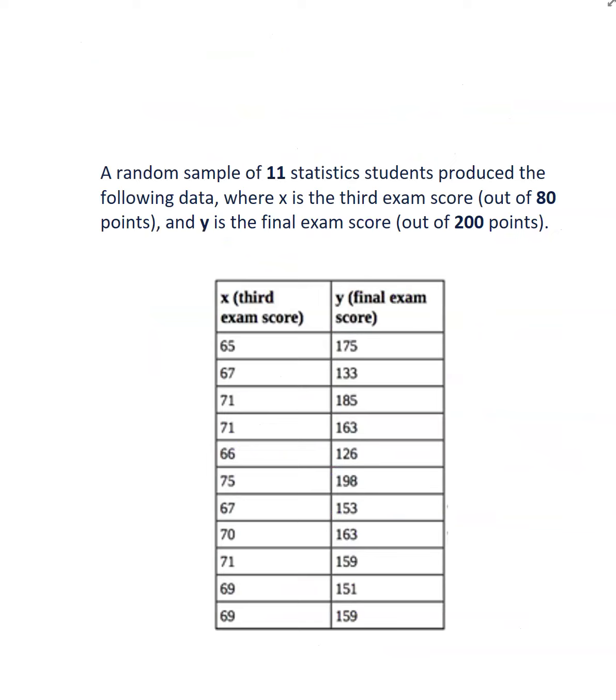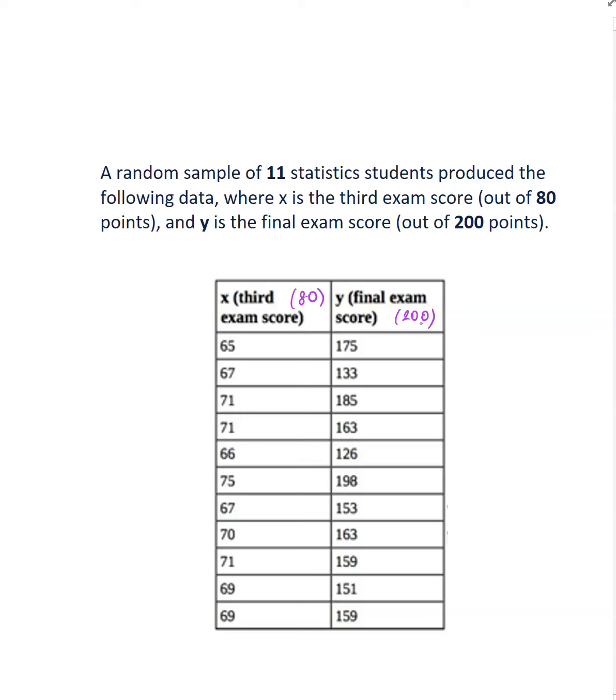Take a look at this data set. A random sample of 11 statistics students produced the following data, where X is the third exam score, and this is out of 80 points, and Y is the final exam score, that's out of 200 points. So first, you can quickly recall, this is out of 80, and this is out of 200.